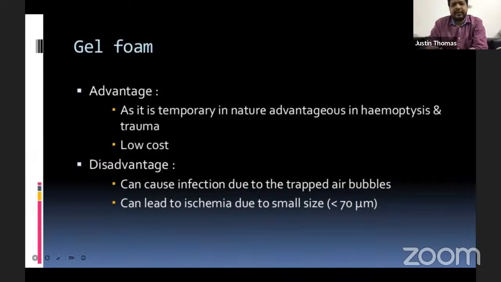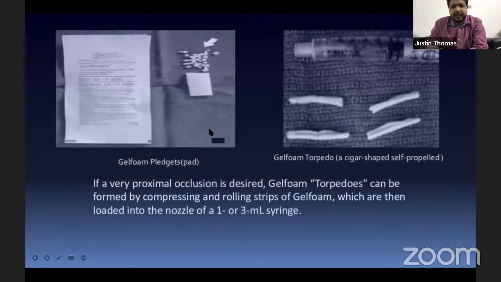But it has a risk of infection because air bubbles can be trapped inside the gel foam, and some risk of ischemia due to the small size of these particles. If the patient needs a proximal occlusion, then torpedo forms are produced by compressing and rolling strips of gel foam, which can be loaded into the nozzle of a 1 or 3 ml syringe.